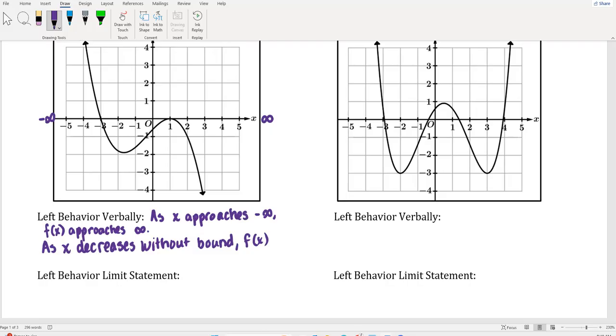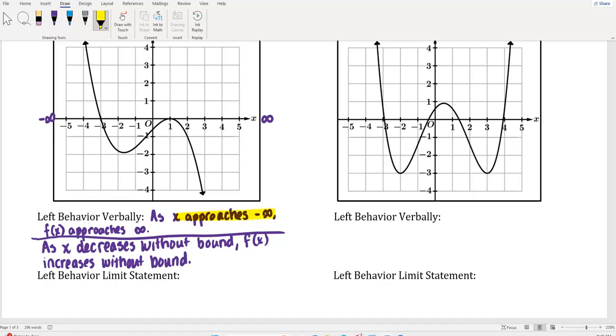In this case, if we're going up, then that is increasing without bound. So f of x increases without bound. So you can kind of mirror that you're used to writing.